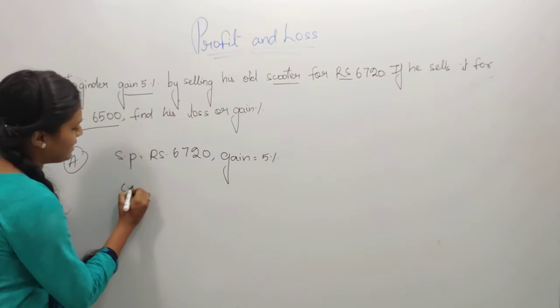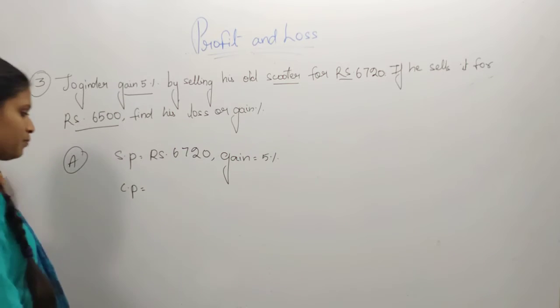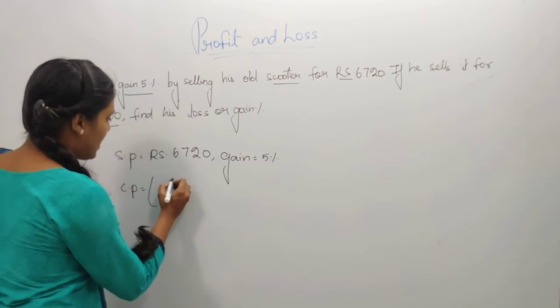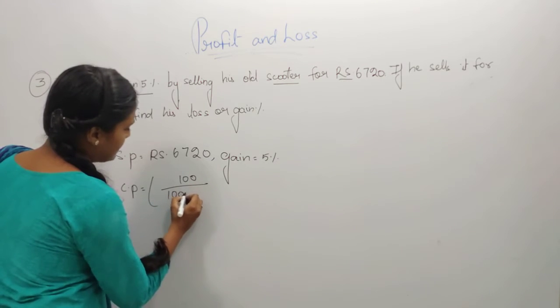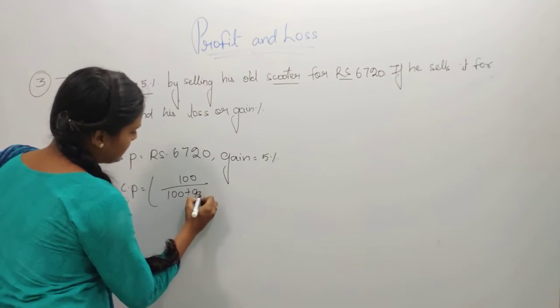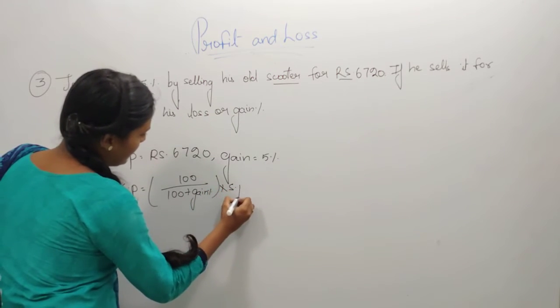Cost price, what is the formula of the cost price? Cost price is equal to 100 by 100 plus gain percent into SP.